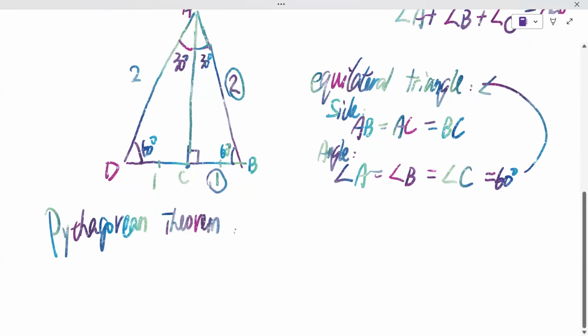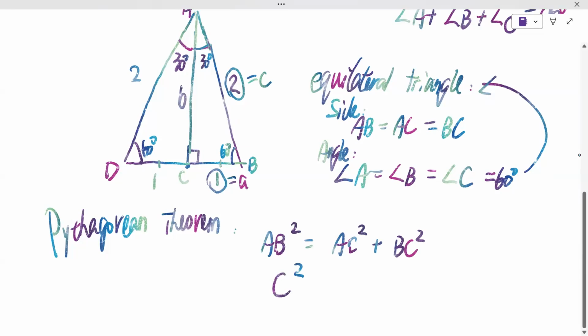In this case, it's AB squared, right? This side, AB squared, is equal to AC squared plus BC squared. Let's say this is C, B, this is A. And also, it's like a c squared.